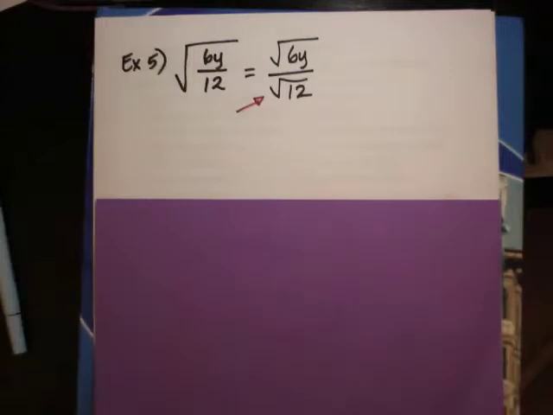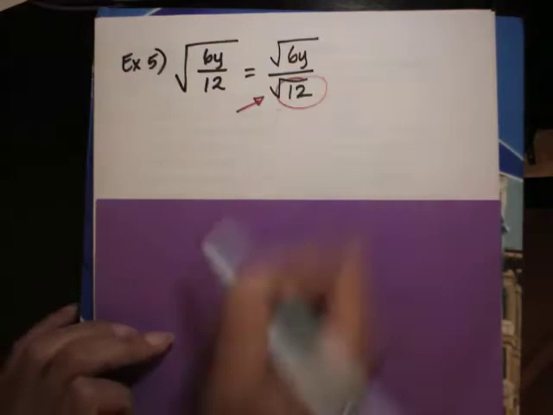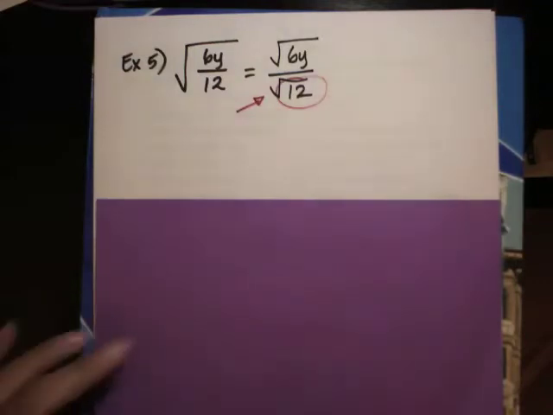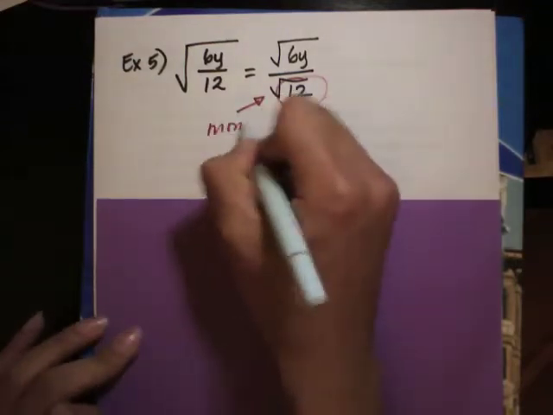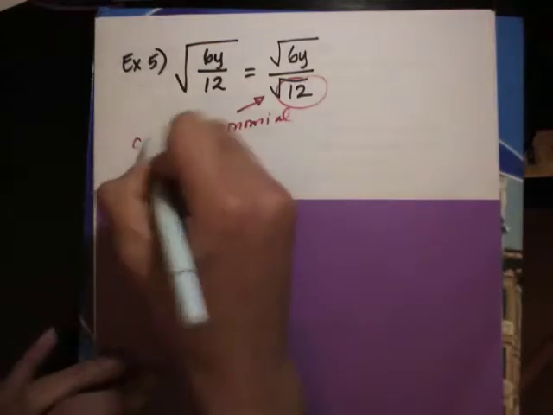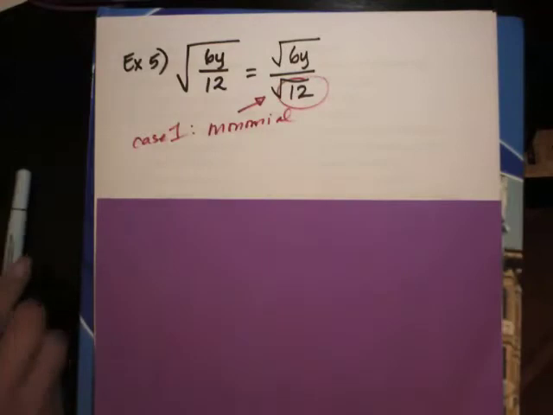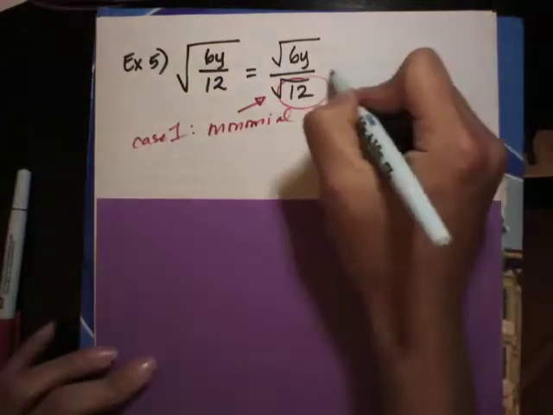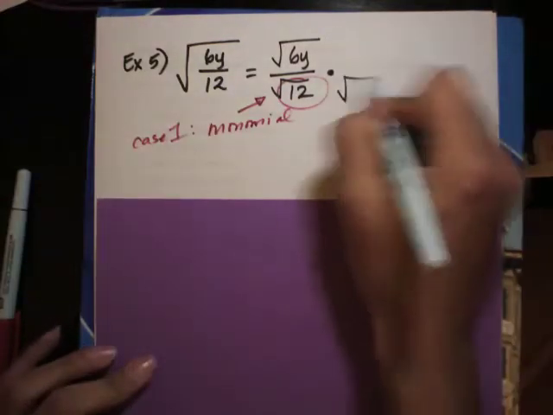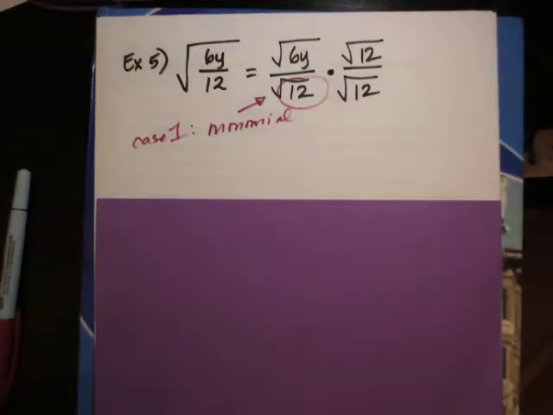And there are two cases. This is the first case. The first case is when what you have in the denominator as your radicand is a monomial. So this is case 1, when it's a monomial. What you want to do to simplify this is to multiply by the denominator over the denominator.